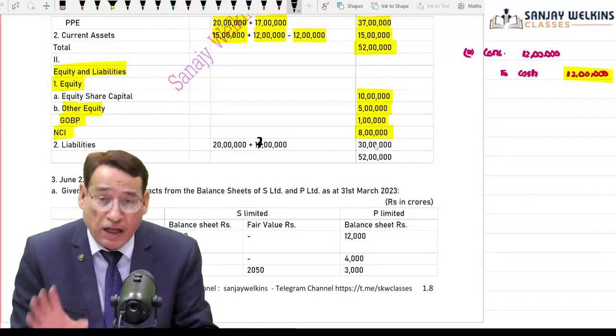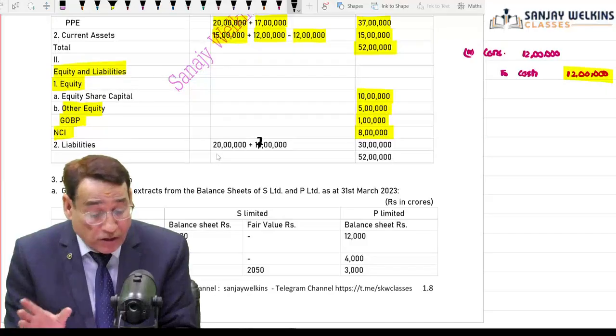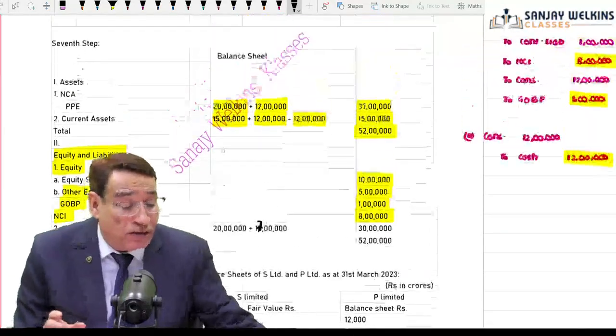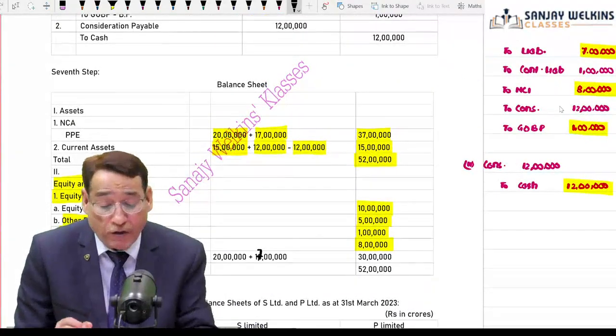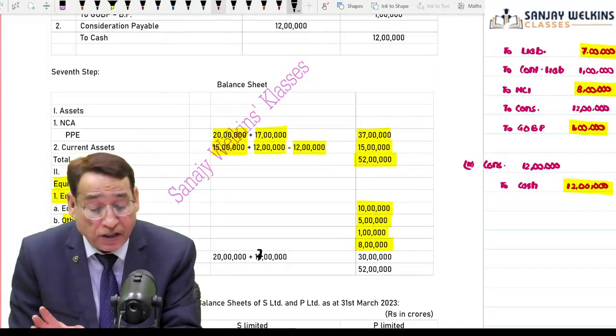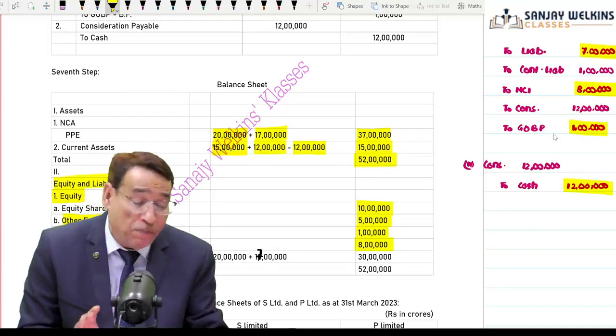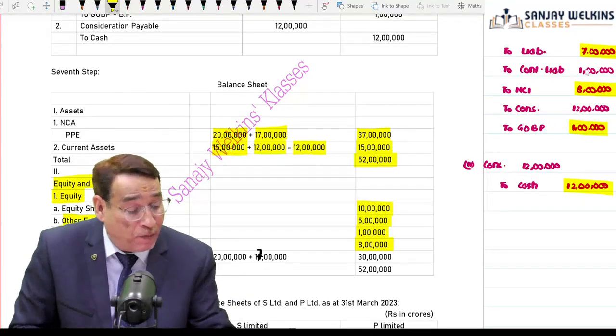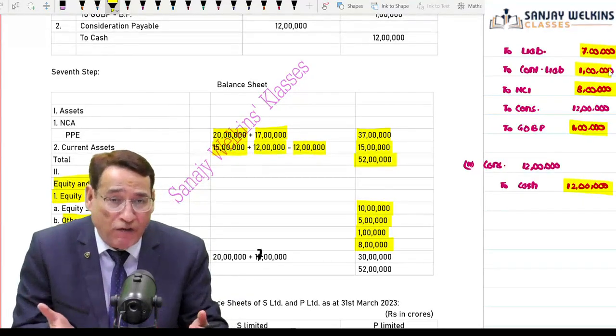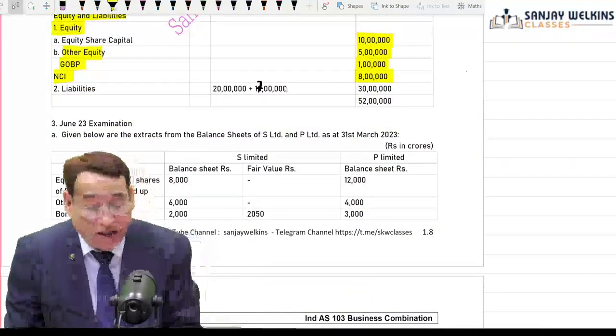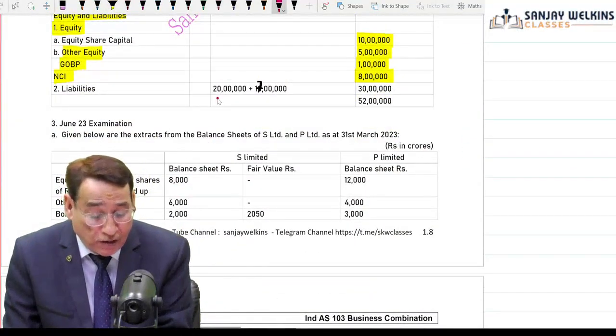This is your liability. But you must not also forget here, because it is always better to write the entries, because everything which you have written in the balance sheet in your entry must get exhausted. For example, contingent liability. So far we haven't adjusted it. So contingent liability will also figure in the balance sheet.